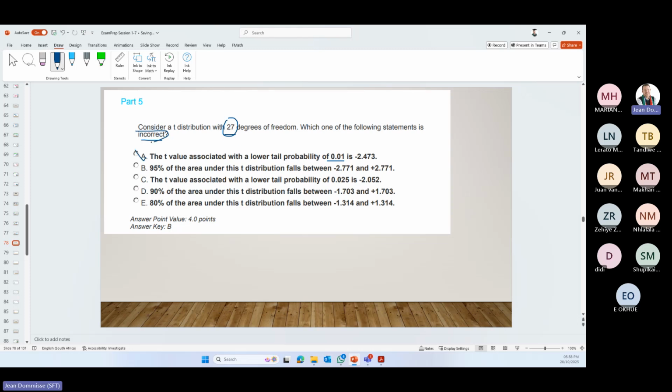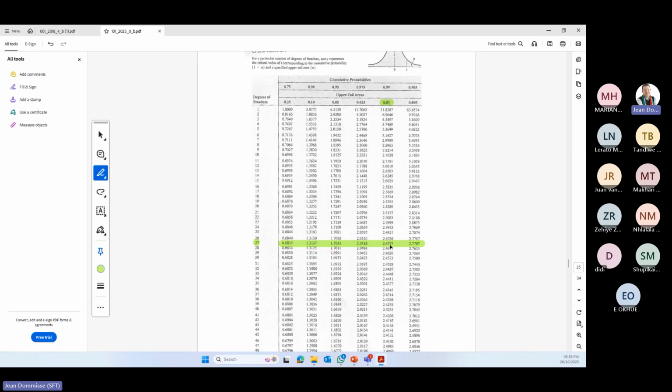We're looking for the incorrect one. Again, let's quickly check: it was 2.473, but because we're asking lower, lower is on this side.